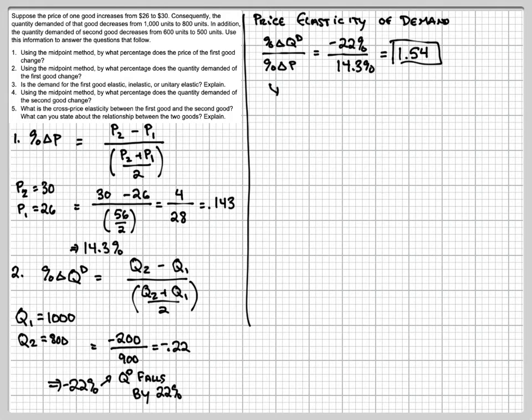So demand here is elastic because it is pretty responsive to changes in price. Because a 1% increase in the price of the good led to a decrease in quantity demanded by more than 1%.